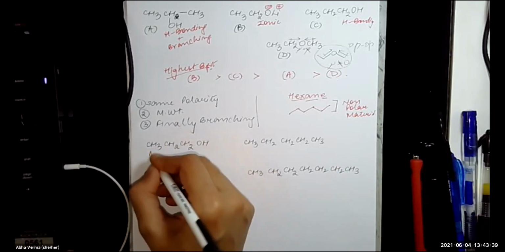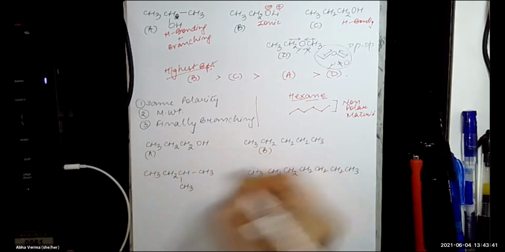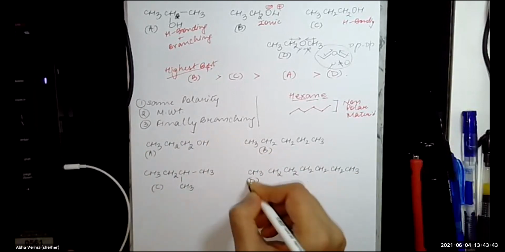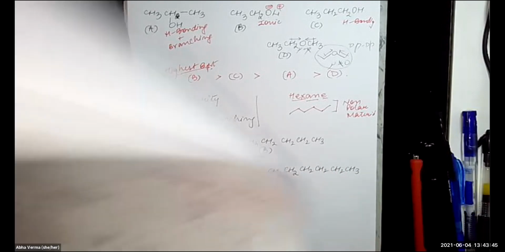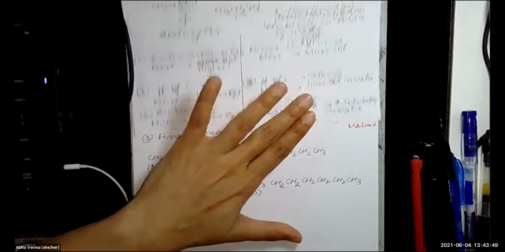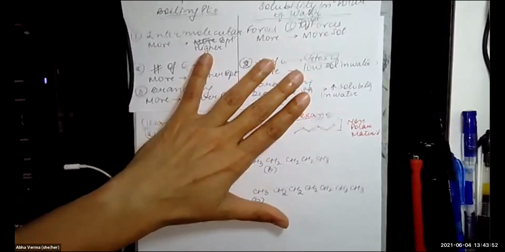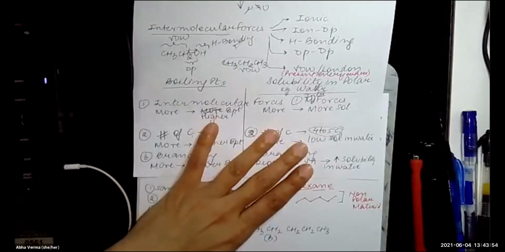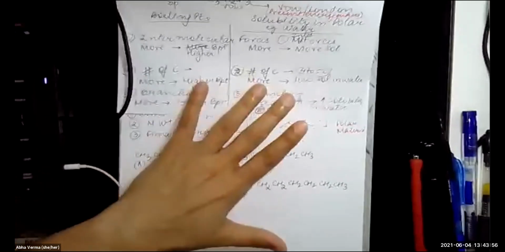So I'm going to label them as A, B, C, and D. I'll keep my rules next to me because I'm still new at this. That's what you should do.